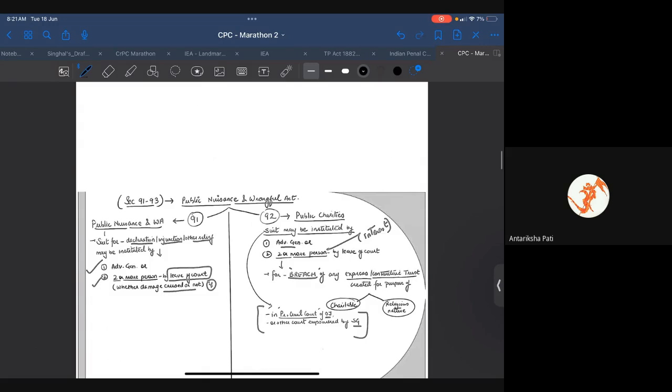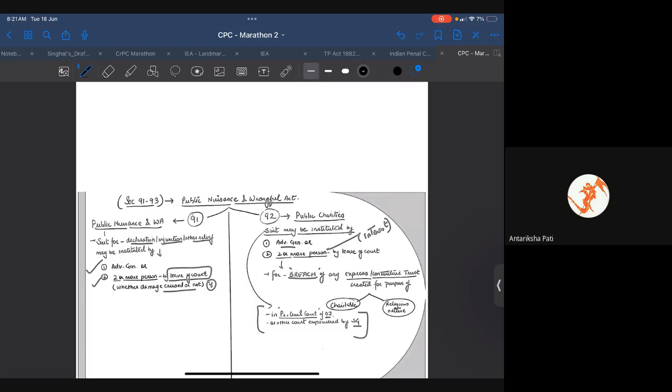Now, sections 91 to 93, public nuisance and wrongful act. Section 91 says that if there is a public nuisance and wrongful act, then there can be a suit for declaration, injunction, or other relief. It can be instituted by whom? Either the Advocate General or two or more persons by leave of the court, whether damage is caused or not.